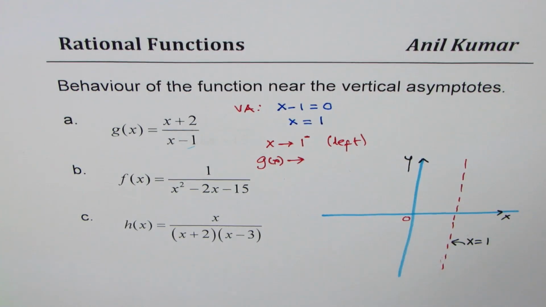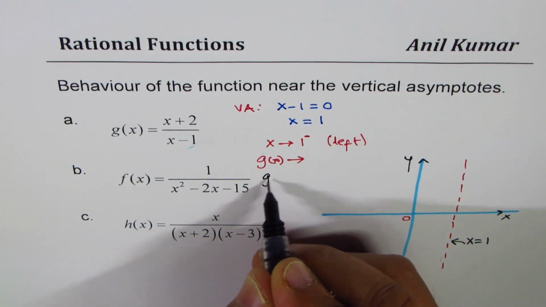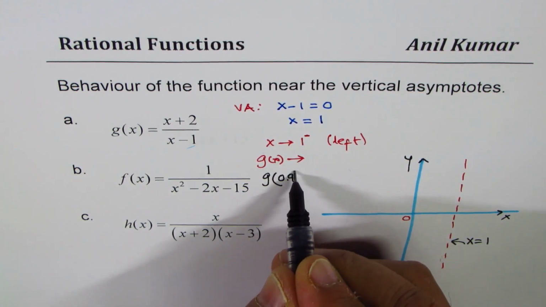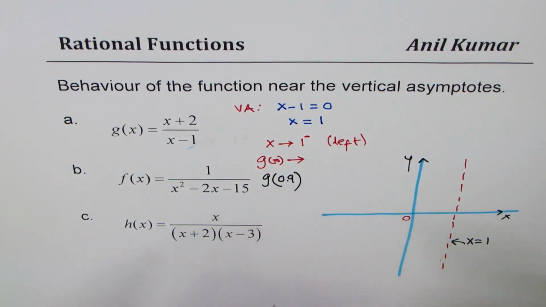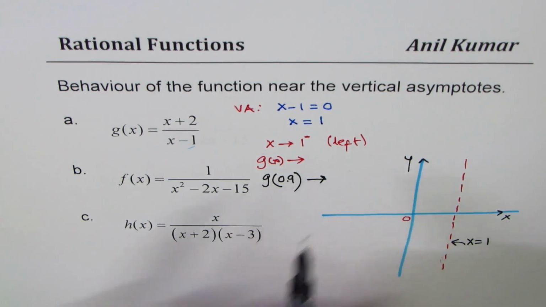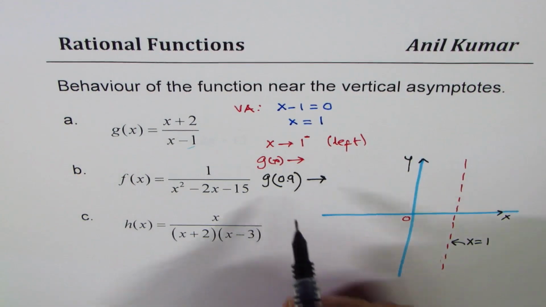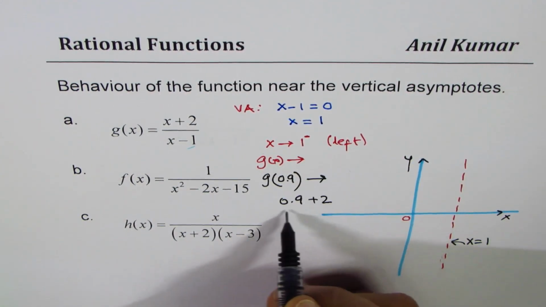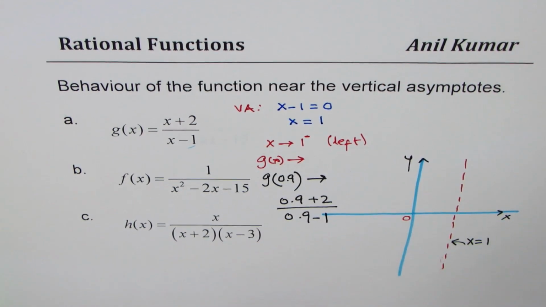In our case, a value less than 1 could be 0.9. Substitute a value and then check whether you get a positive answer or a negative answer. Now if I write 0.9 for x, then we get 0.9 plus 2 over 0.9 minus 1.